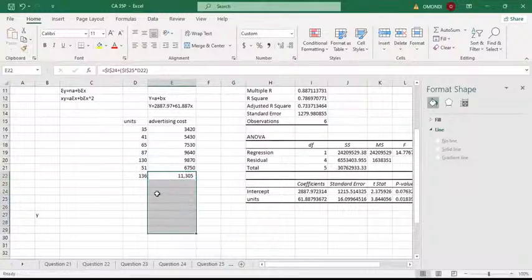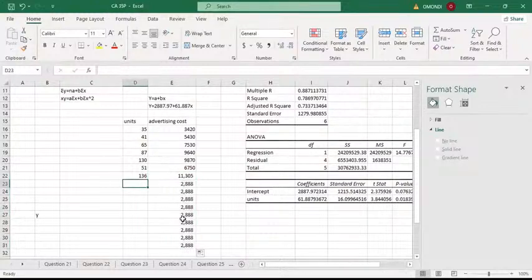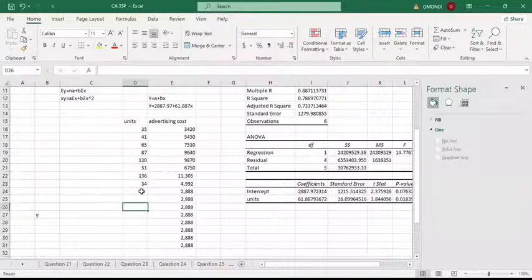Such that if I have been given a unit here, let's say I have that one. So if I have 0 units, you are able to see that my fixed cost is appearing, because even if I produce nothing, it will still appear. If I have 34 units, it changes to 49.92.